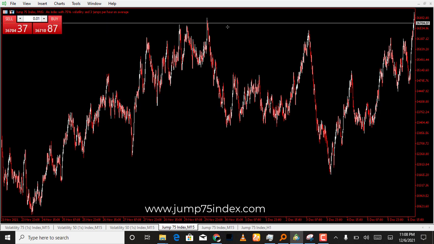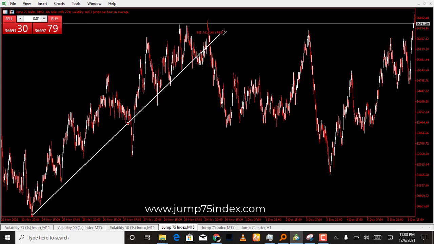Because as you can see here, if I draw a trend line, let me draw a trend line here, guys. This is my trend line, and why do I have to draw this trend line on my time frame?